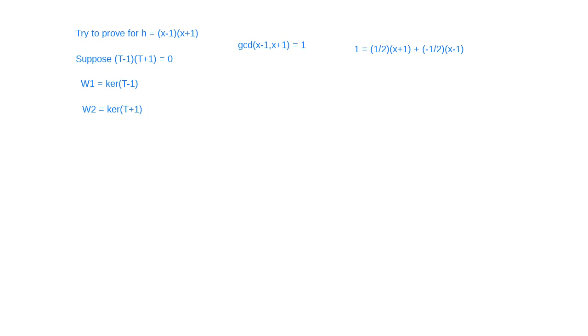Then what happens when you plug in t? Well, you get that 1 is equal to a half times t plus 1 plus negative a half times t minus 1.